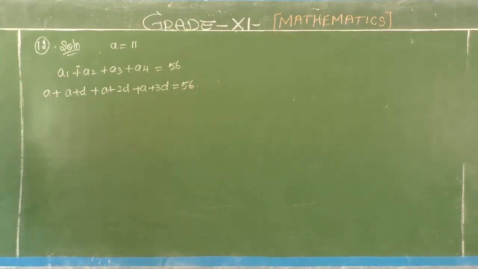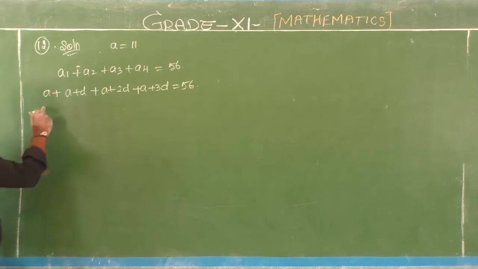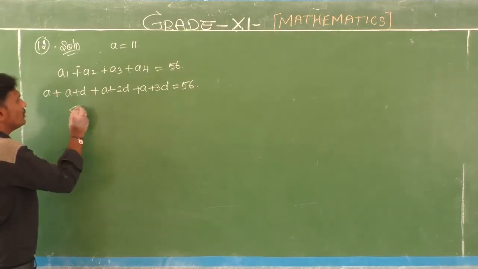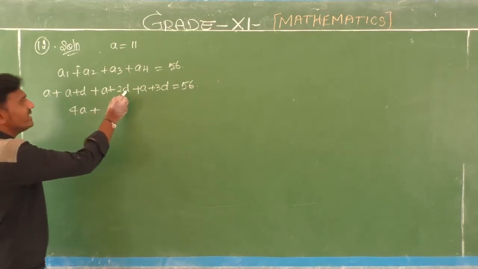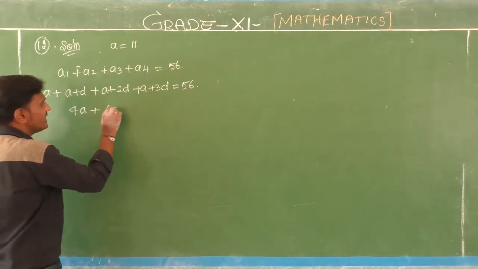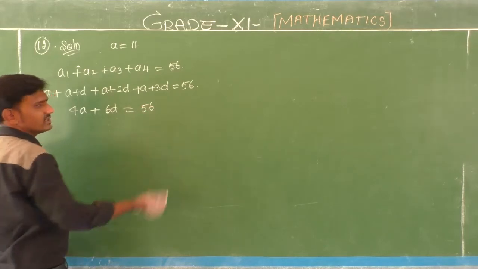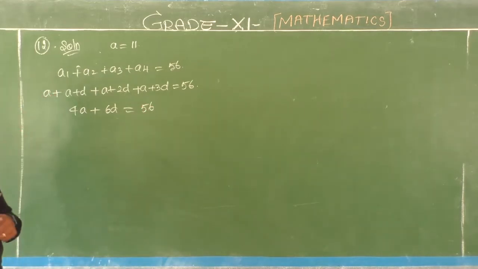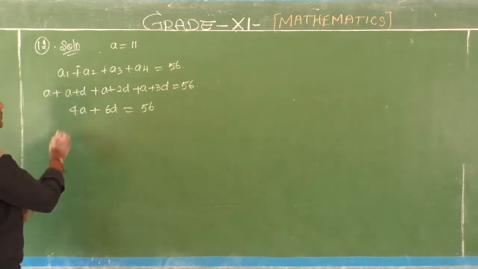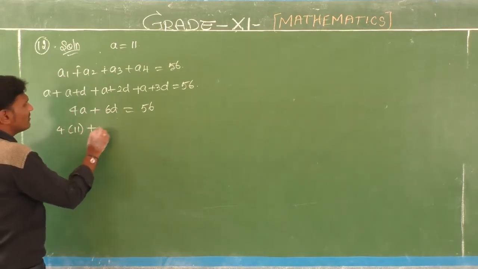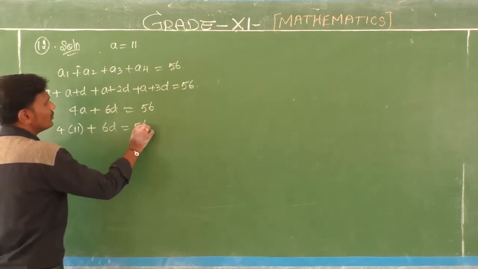the fourth term a plus 3d, which is equal to 56. Next I am going to add: a plus a plus a plus a is 4a, plus d plus 2d plus 3d is 6d, which is equal to 56. In the question they are also giving the first term. How much is the first term? 11. I am going to substitute. So 4 into 11 plus 6d is equal to 56.